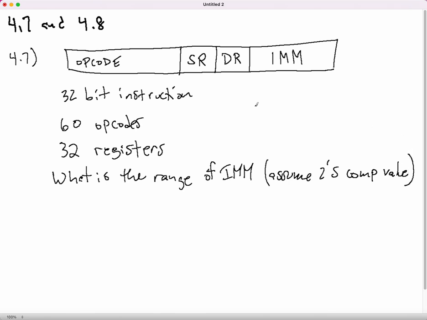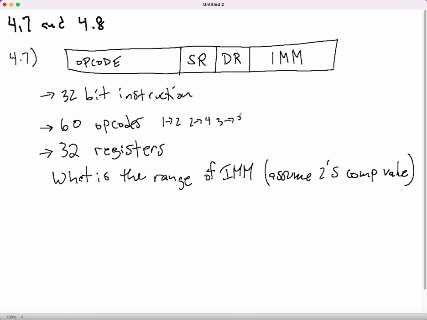So the way that I would look at that is I have to ask myself, well, how many bits does the instruction occupy? How many bits do the opcodes occupy? How many bits do the registers occupy? Okay, so we know we have a total of 32-bit instructions. If I have 60 opcodes, well, I know with 1 bit, I could have 2 opcodes. With 2 bits, I could have 4.